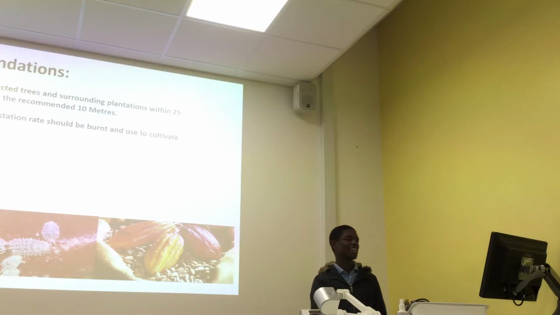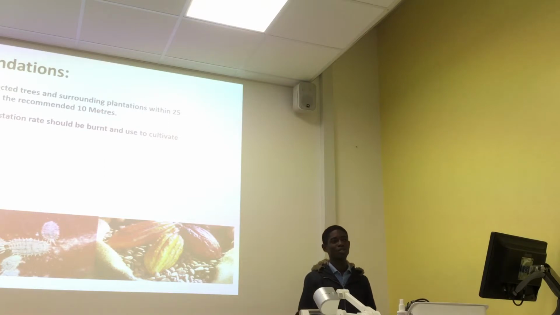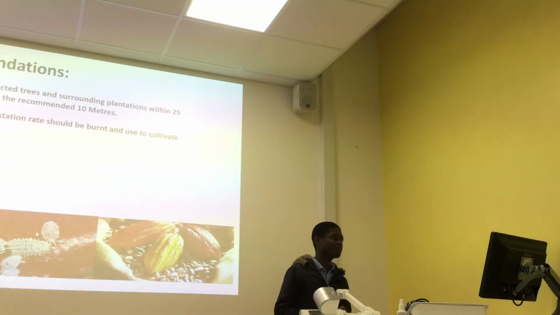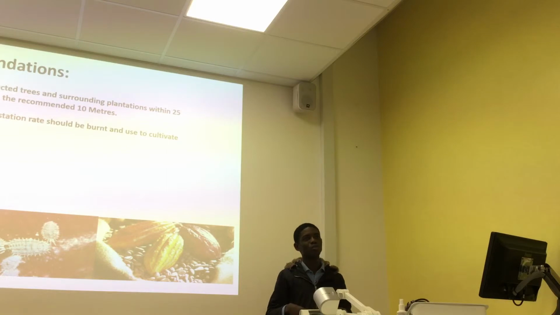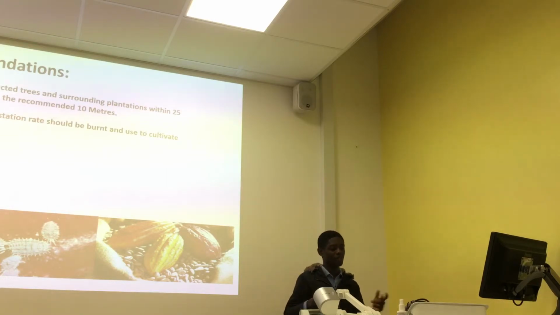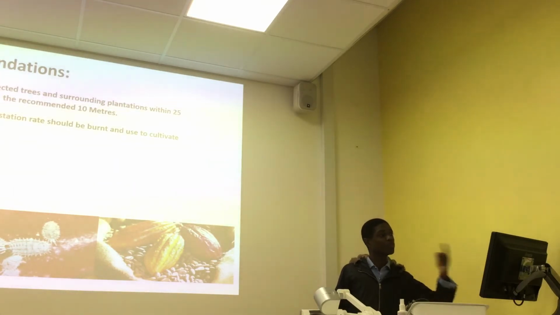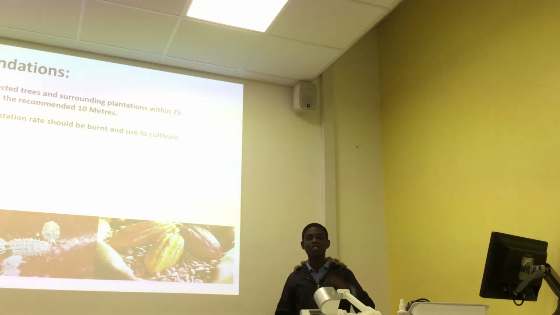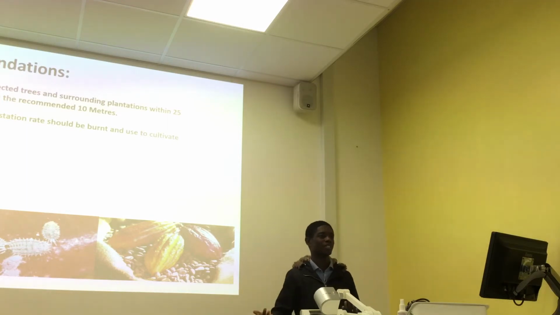Also, fields with a high infestation rate should be burnt and used to cultivate a non-host crop. If the infestation rate is high, rather than removing trees and planting another one, I would recommend that these trees be burnt and then used to cultivate a non-host crop, because according to literature there have been cases where trees were removed and new trees were planted, but after a few years the new trees became infected.